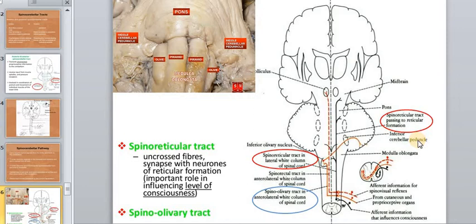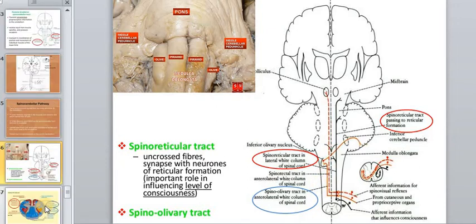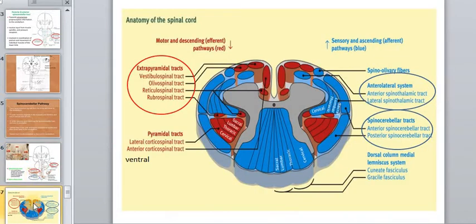The reticular formation is a very sensitive part of the brain, about which we will learn more soon. And the dorsal olivary tract is very short, it leads to the medulla oblongata, and here we see the position of this olive in the medulla oblongata. So this tract is not very long.